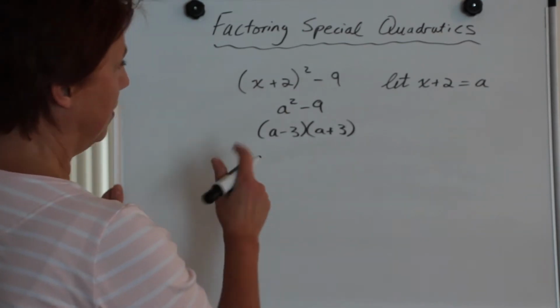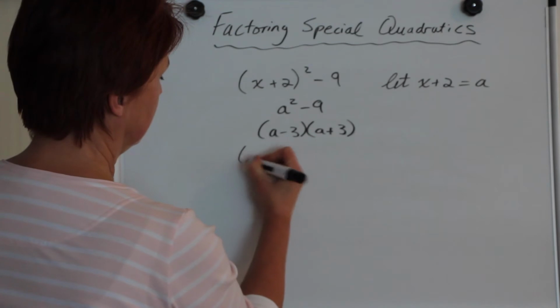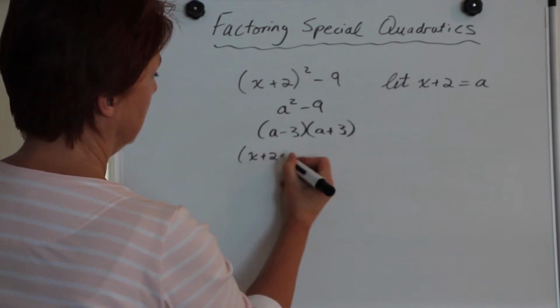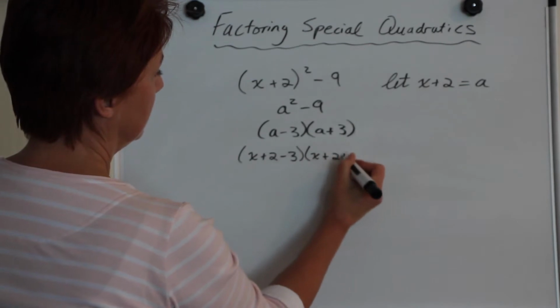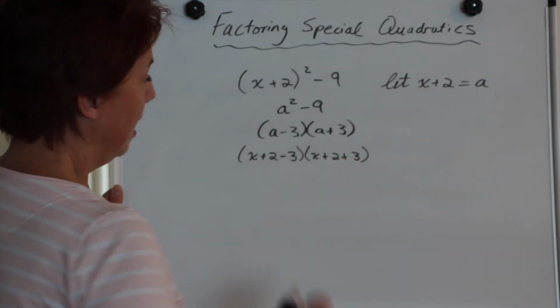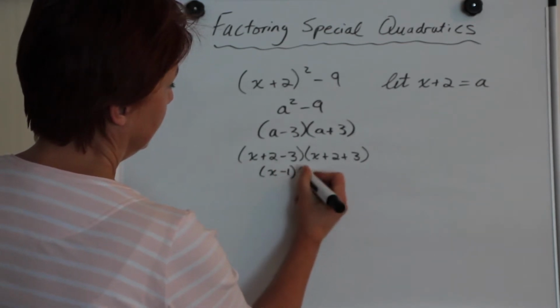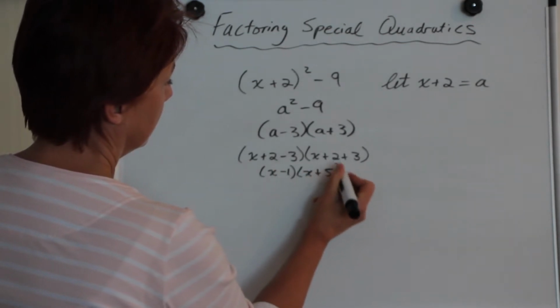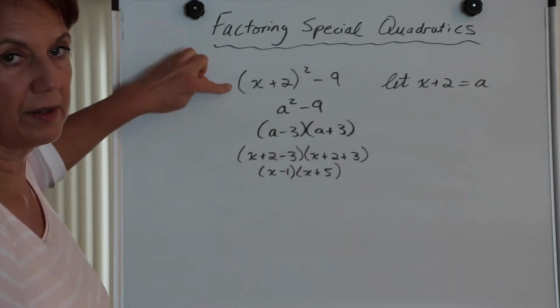So what I have to do now is put the x plus 2 back in for a. So I do this. I go x plus 2 minus 3 and x plus 2 plus 3. Then I combine the like terms here and end up with that. So this is the correct factored form of this.